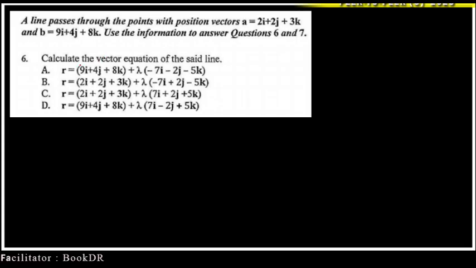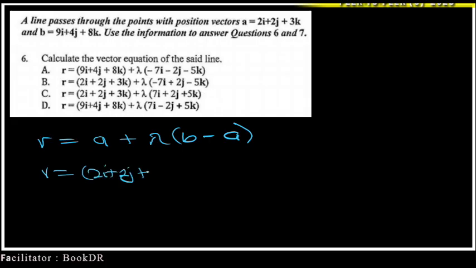We have to use the vectors A and B to compute the equation of the line that passes through vector A and B. So this is type 2, where r is equal to a plus lambda (b minus a). Obviously our a is 2i plus 2j plus 3k, then plus lambda (b minus a).